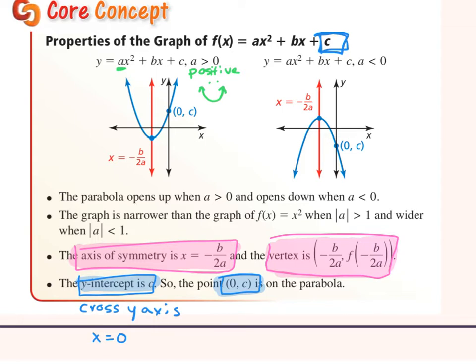When our leading coefficient is less than 0, it is a negative number, so our parabola opens down, and it's going to be a sad face. So we can always tell in what direction our parabola is going to open, whether it's going to open up or open down, just by looking at that leading coefficient.